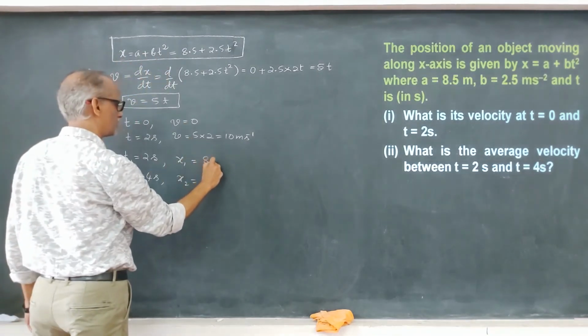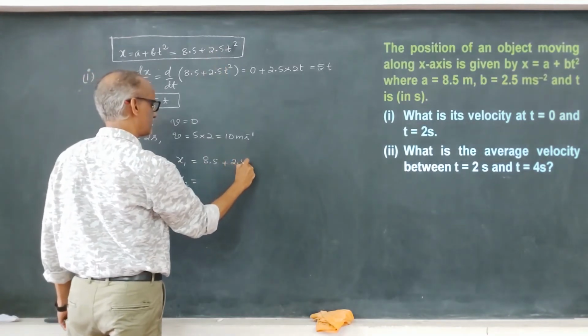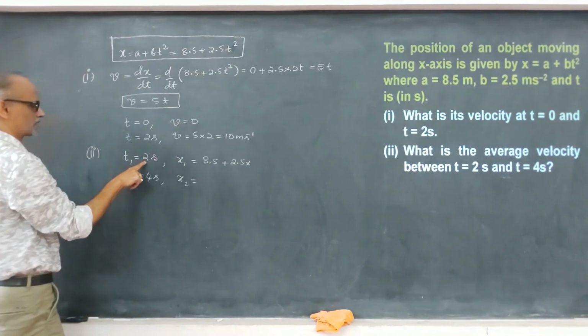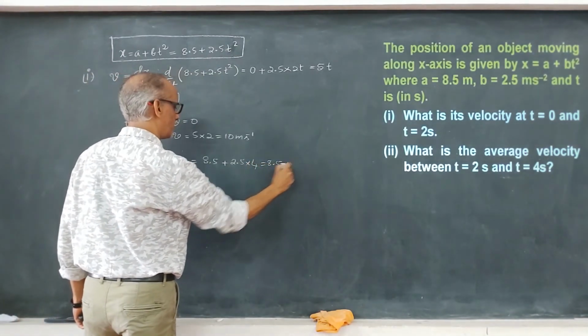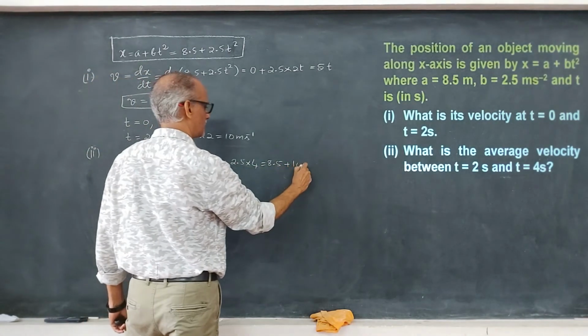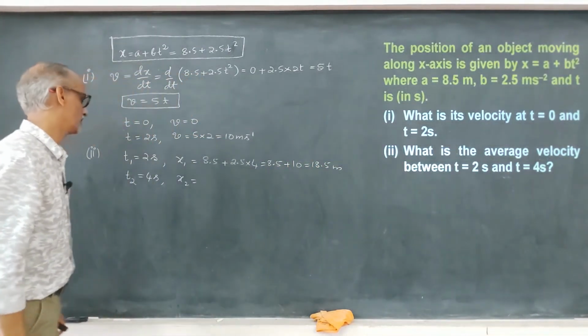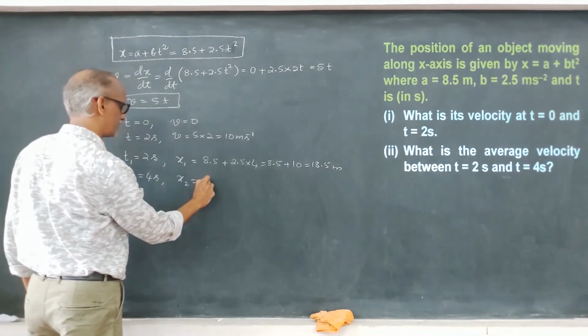So, this is 8.5 plus 2.5 into t square, where 2 square is 4. So, 8.5 plus 2.5 into 4, which is 10. So, we will get 18.5 meter. Next, at t2 is equal to 4 seconds, find the value of x2.